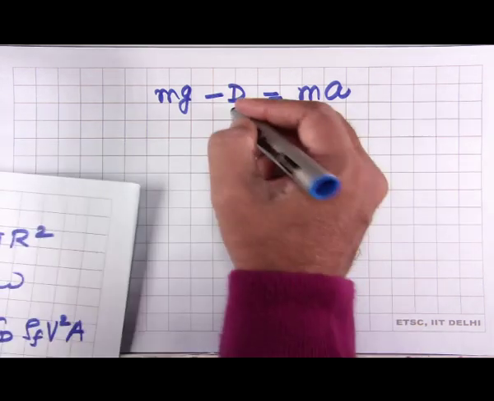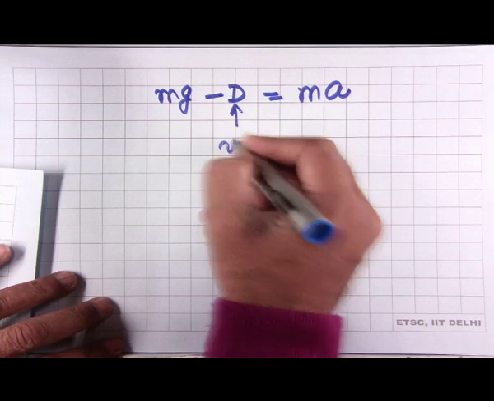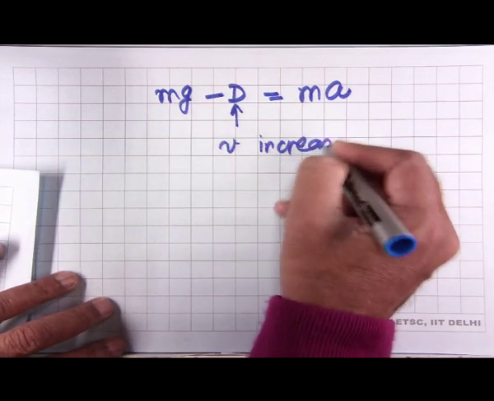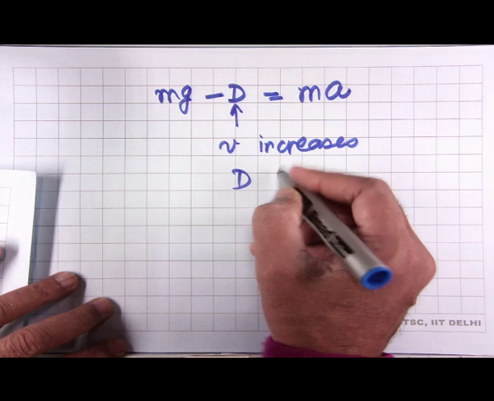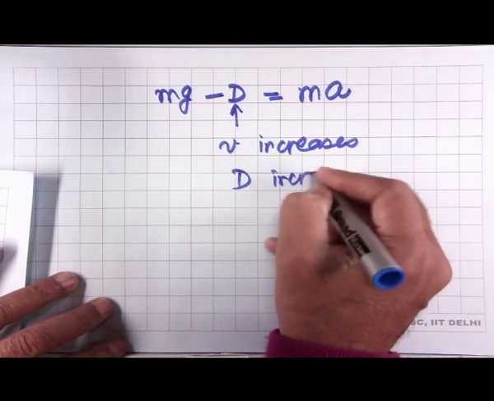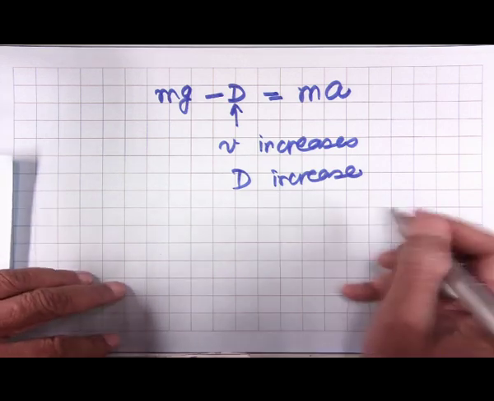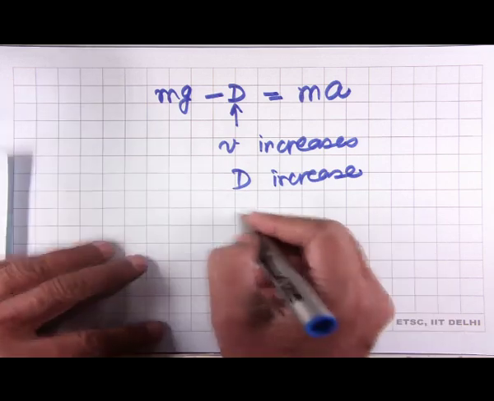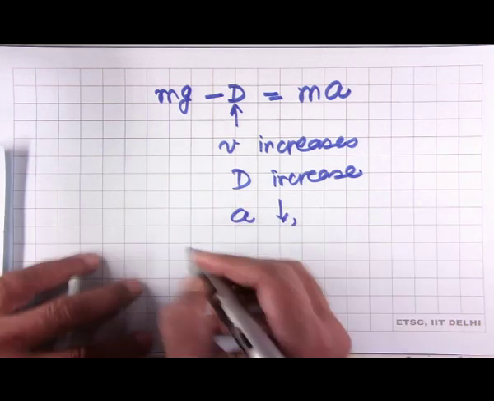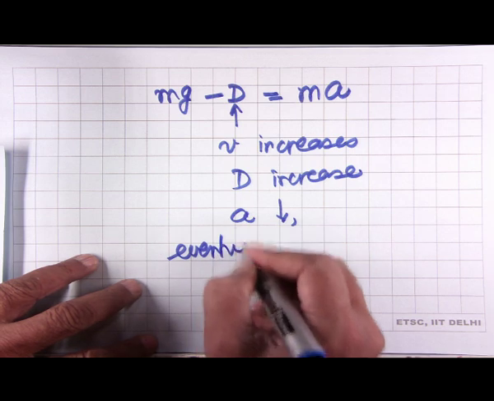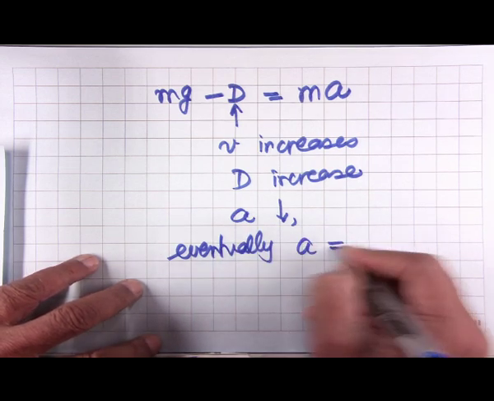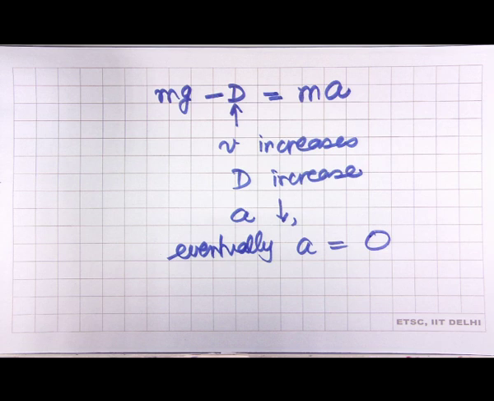But slowly the velocity increases, and as the velocity increases the drag force increases. As the drag force increases, the acceleration will come down and eventually the acceleration will become equal to 0.